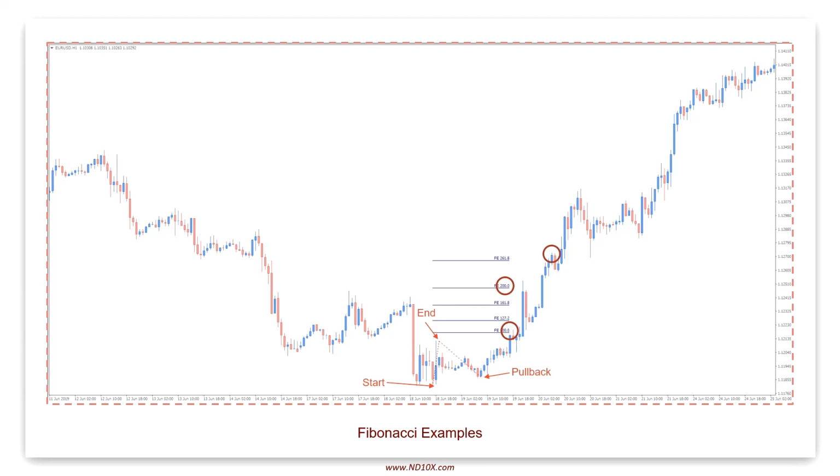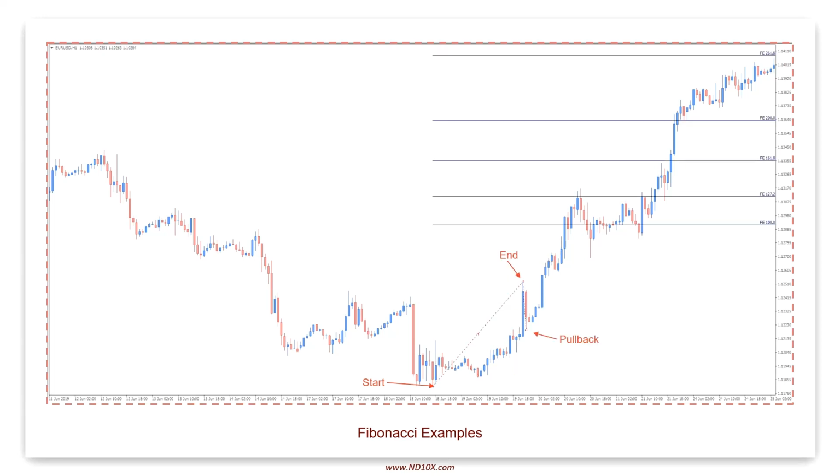Now, definitely you have a little bit more data after that, so we can go and redraw our Fibonacci expansion just to get better levels. So we're just redrawing from the bottom to the end of the first trend move and moving to the pullback. And over here, what we can see is that price found resistance at the 127.2.